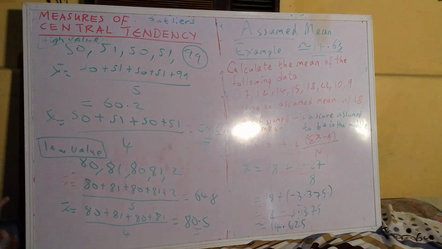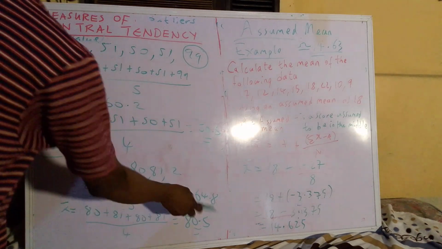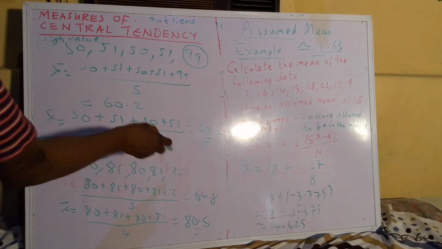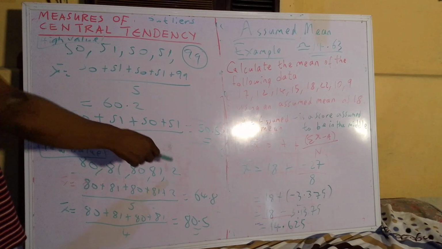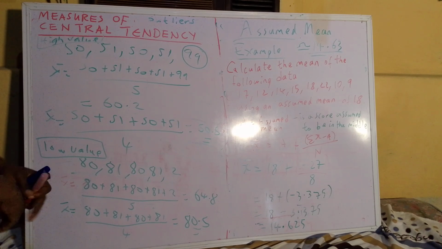What I'm trying to say is that this mean describes the data set better than the other mean, because of the presence of the outlier. The outlier gives a wrong description of the data set because of its presence.